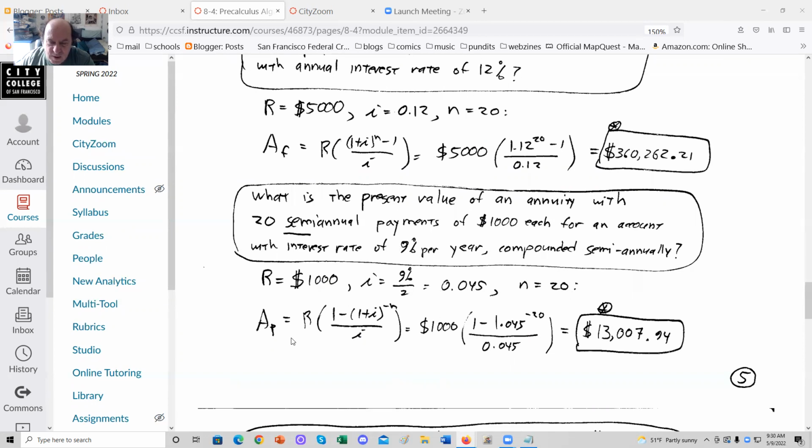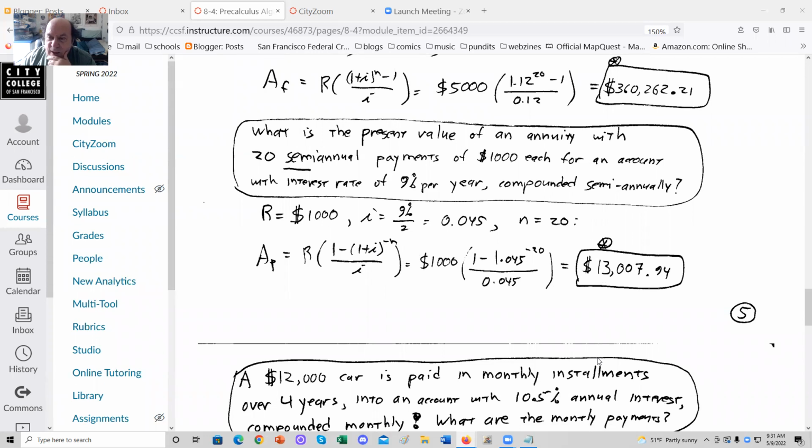So the present value is R times (1 minus (1 plus i) to the negative n) over i. So R is 1,000, 1 minus 1.045 to the negative 20, over 0.045. And this, after a bit of calculation, is $13,007.94. That's the present value of the annuity.